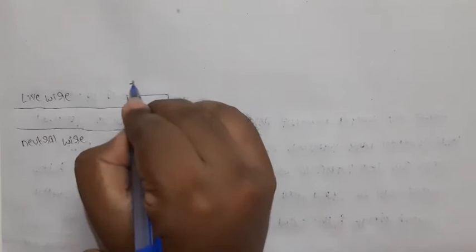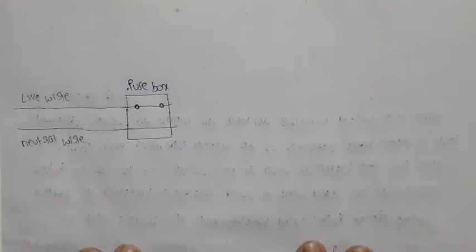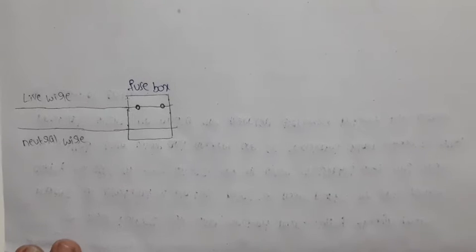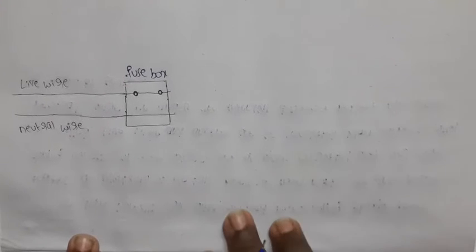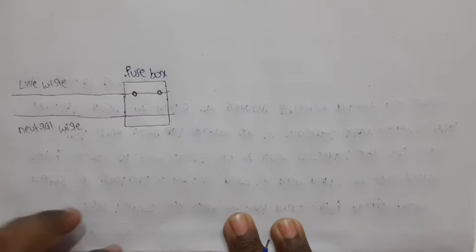In this fuse box, we use copper wires. The fuse box works on the principle of the Joule heating effect. Sometimes a large amount of current enters the circuit.